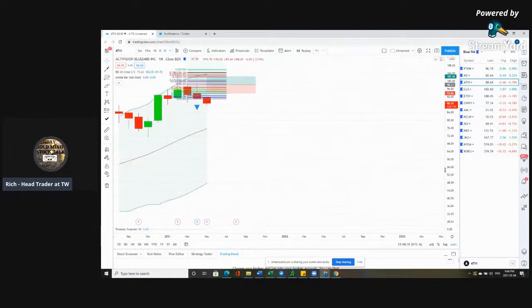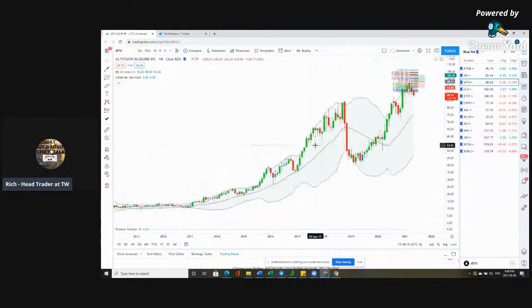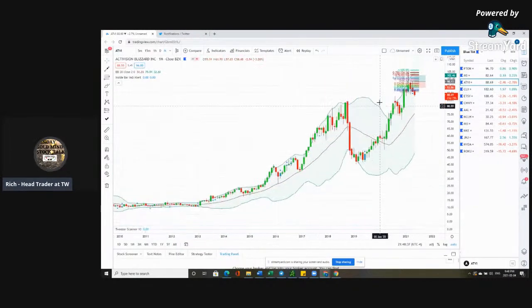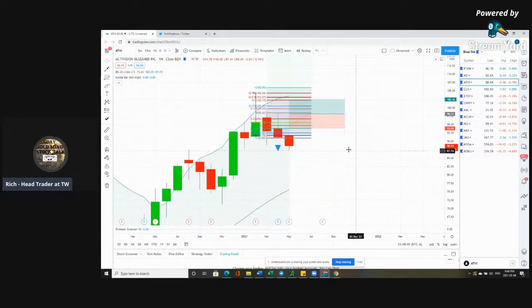So with ATVI, we closed the monthly chart, right? Let's zoom out a little bit. So obviously the stock is very bullish. It made new all-time highs, but we closed the monthly chart with this inverted hammer here. You see that? We had this inverted hammer, and that's why we're having some selling right now. So this is just the selling that we're having right now. It's just a continuation of this inverted hammer.